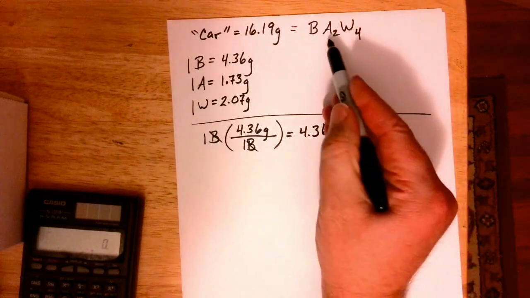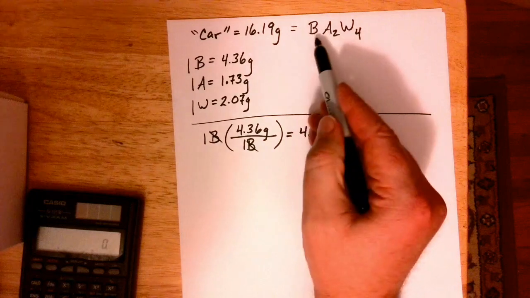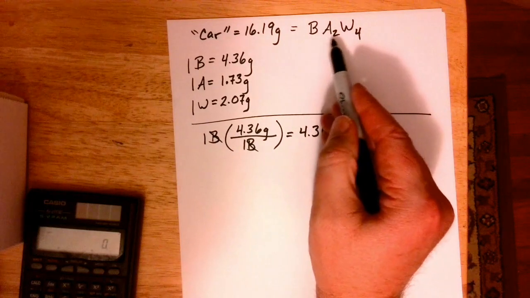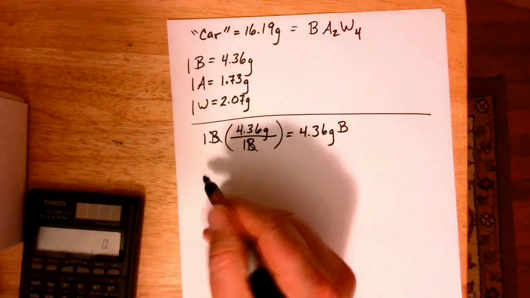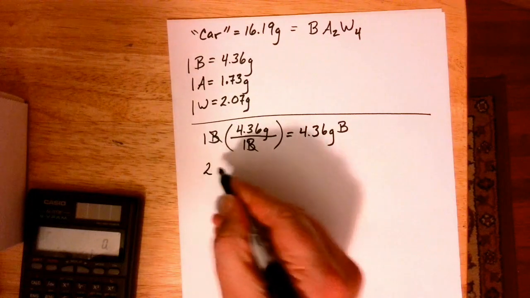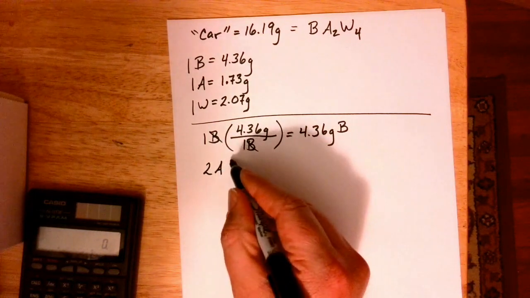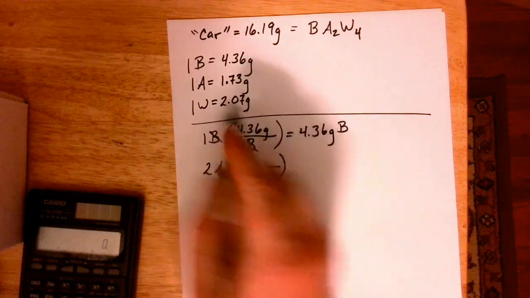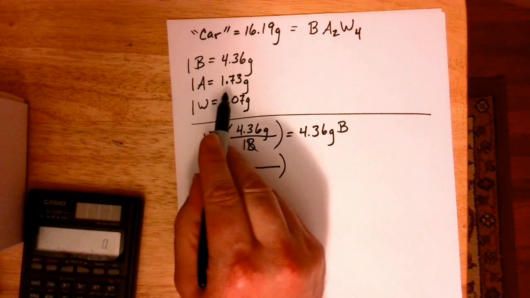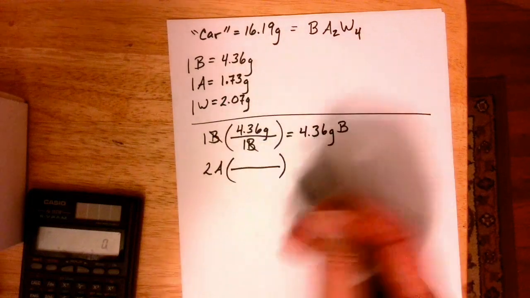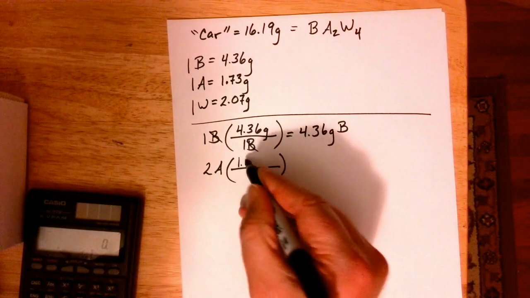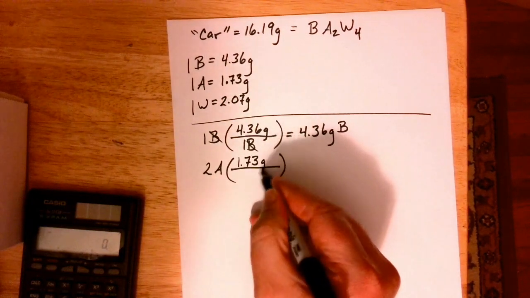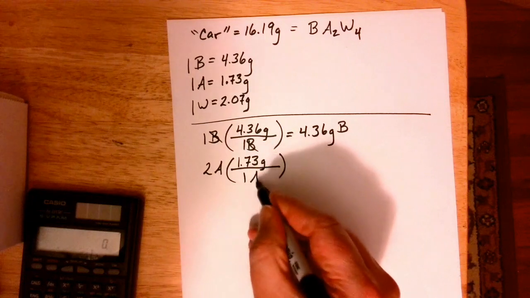All right, now if you look at the formula here, one car is made up of two axles. So what I'm going to do is put down two axles, open up another set of parentheses, and go over here, and one axle is 1.73 grams. So I'm going to put 1.73 grams on top, and one axle on the bottom.